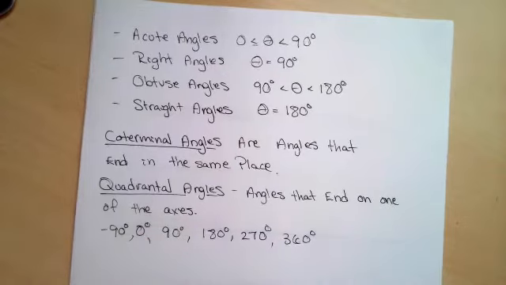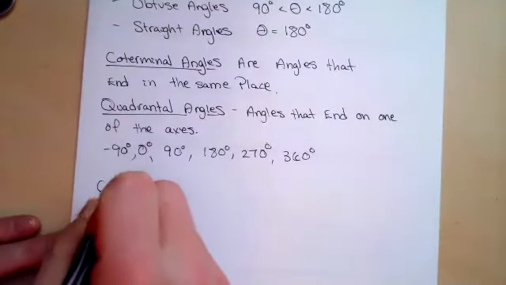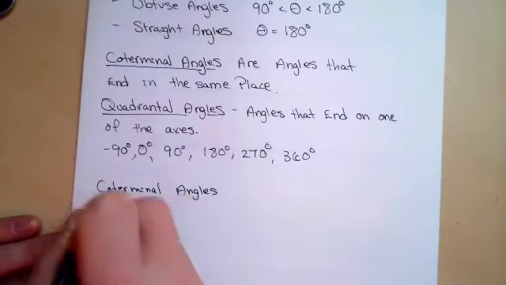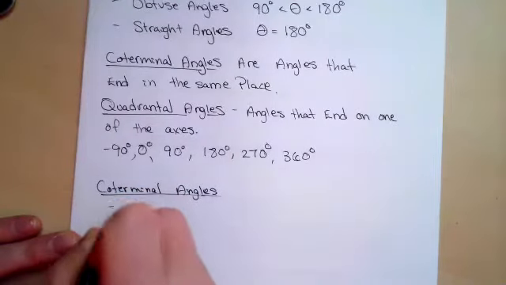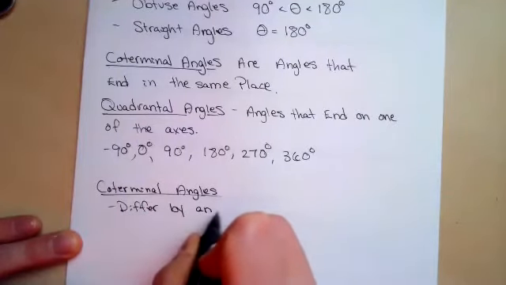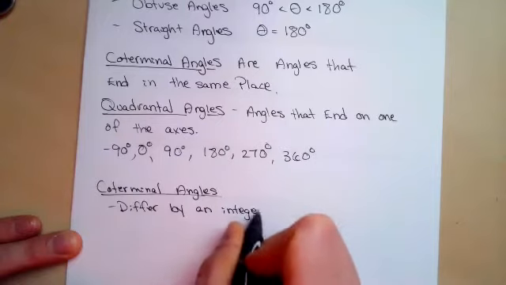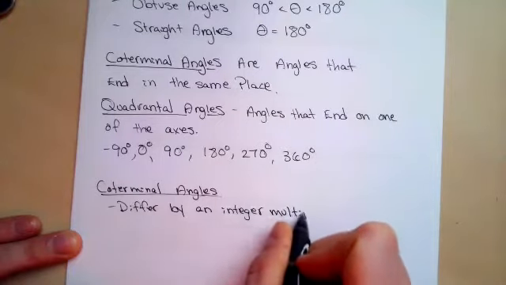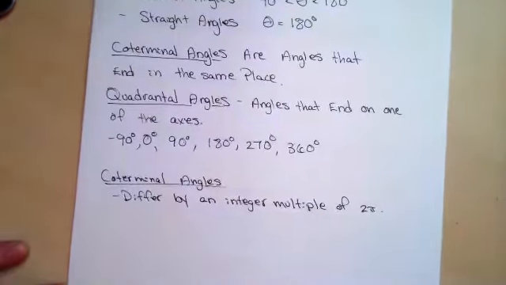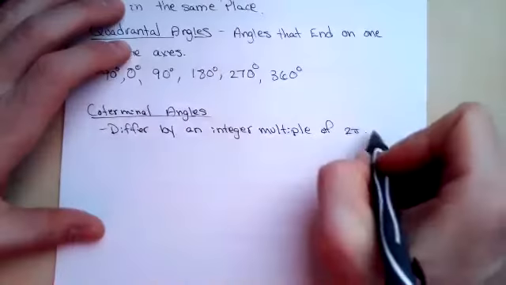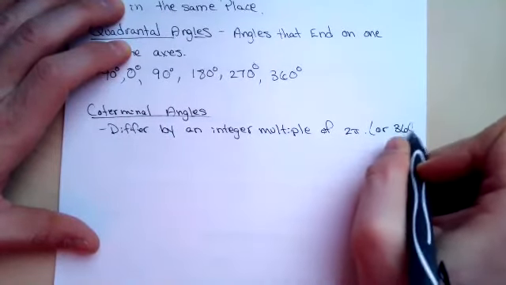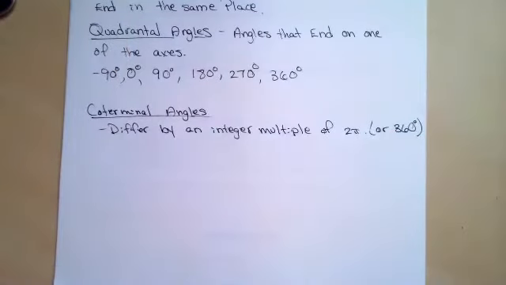In terms of coterminal angles, they're going to differ by an integer multiple of 2 pi, or 360 degrees.